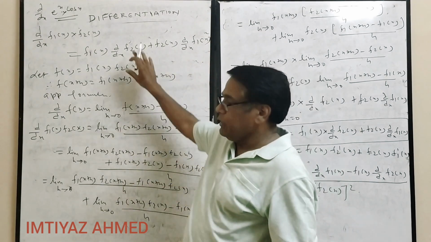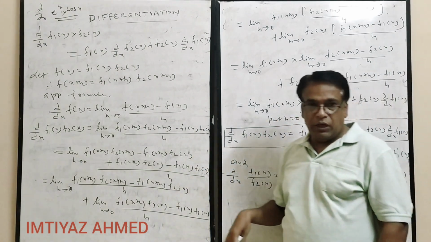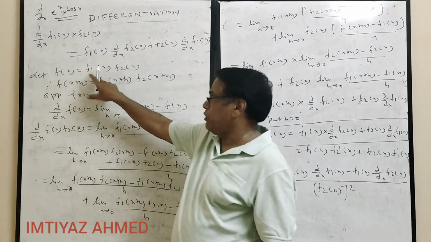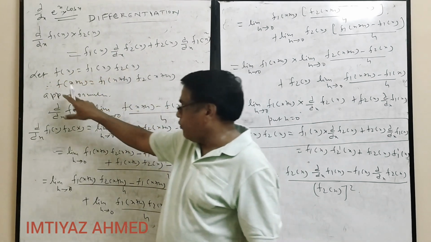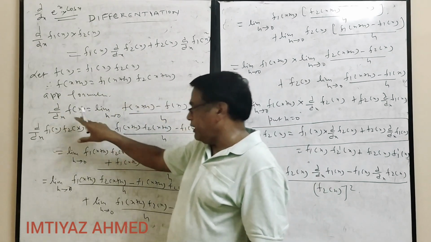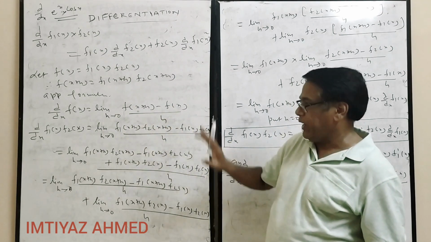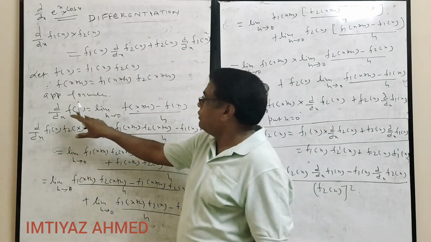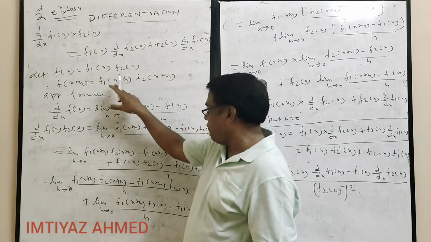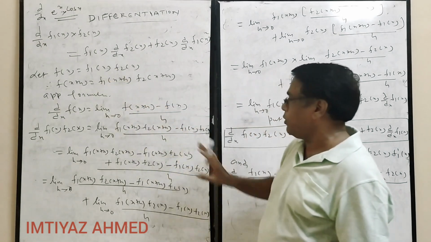So how to prove it? Again the proof will be done by the first principle method or ab initio method, as we have done in the previous proof also. Just see, let fx equal f1x into f2x. Therefore fx plus h will be f1x plus h, f2x plus h. Applying the formula d by dx of fx equals limit h tends to 0 of f(x plus h) minus fx by h. Substitute the values: instead of fx you put f1x, f2x, and for fx plus h, f1x plus h, f2x plus h, upon h.